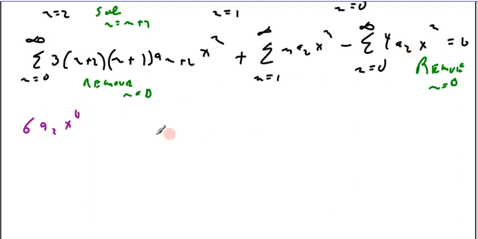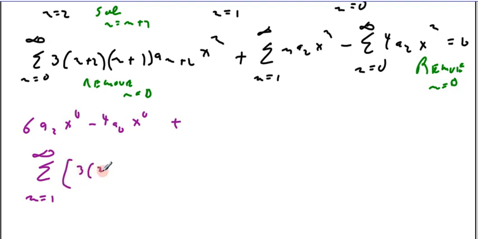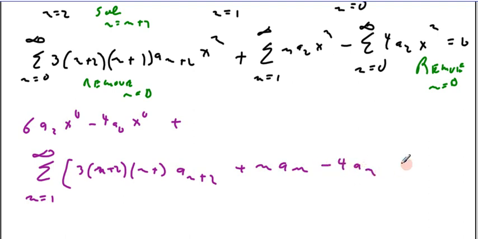When n is equal to 0, I have minus 4a0 x to the 0, plus I have summation n equal 1 to infinity, and I've got 3n plus 2, n plus 1, a_{n+2} plus n a_n minus 4a_n, x to the n, is equal to 0.